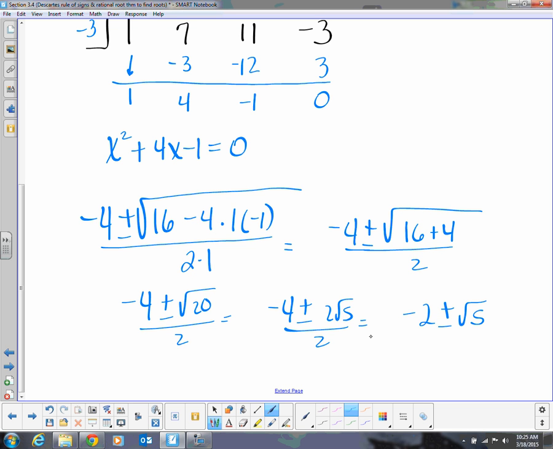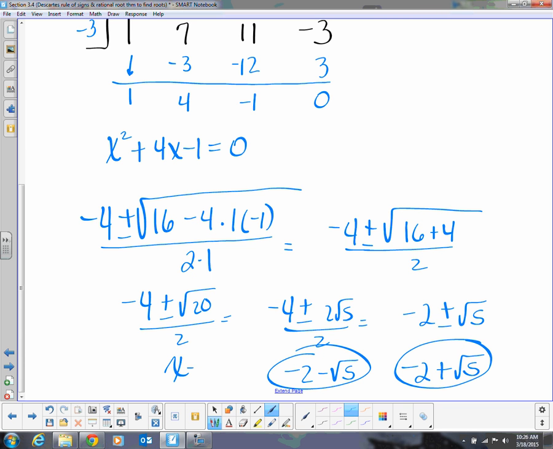So, you see, I have negative 2 minus the square root of 5, which is, by the way, negative. There's the second root. And I've got negative 2 plus the square root of 5, and that's the positive root. And then I have x equals negative 3.